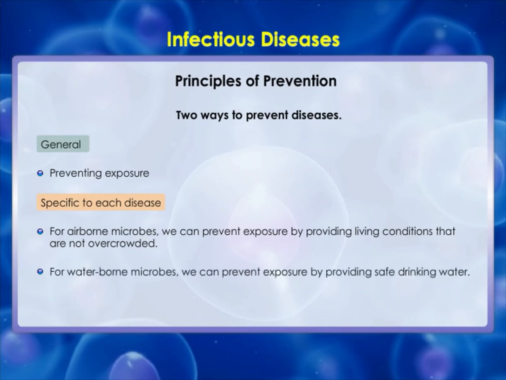For waterborne microbes, we can prevent exposure by providing safe drinking water. This can be done by treating the water to kill any microbial contamination. For vector-borne infections, we can provide clean environments. This would not, for example, allow mosquito breeding. In other words, public hygiene is one basic key to the prevention of infectious diseases.